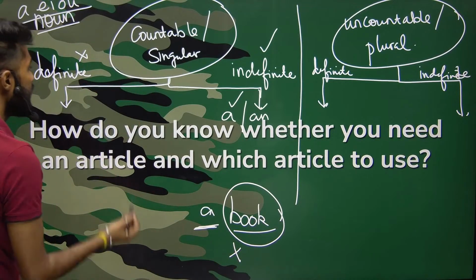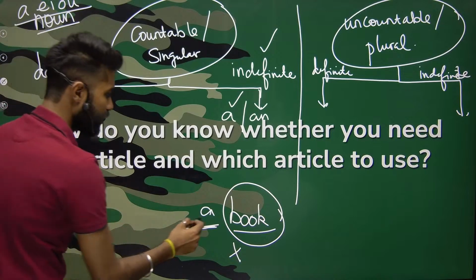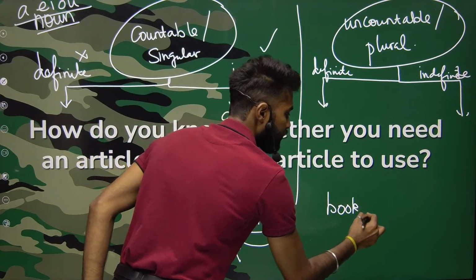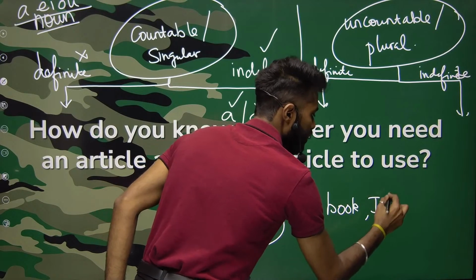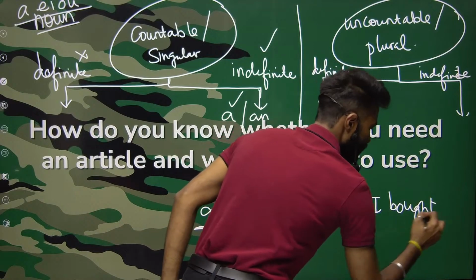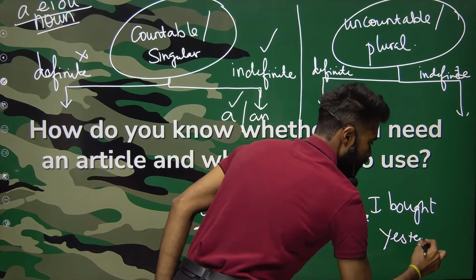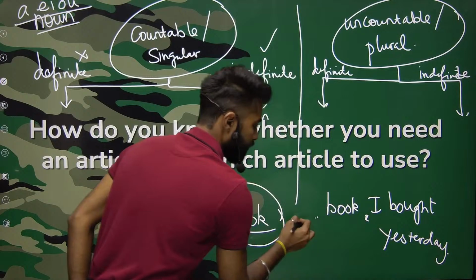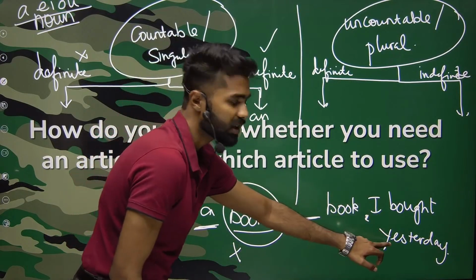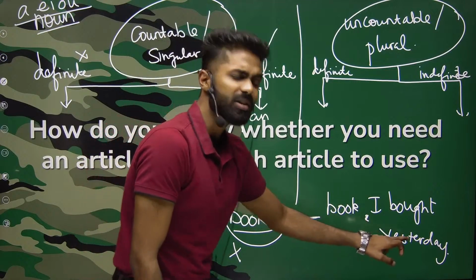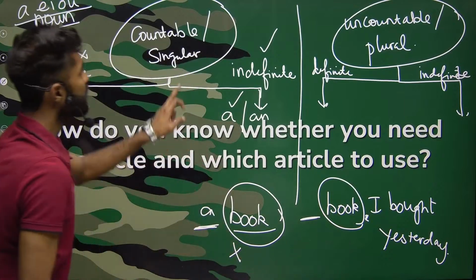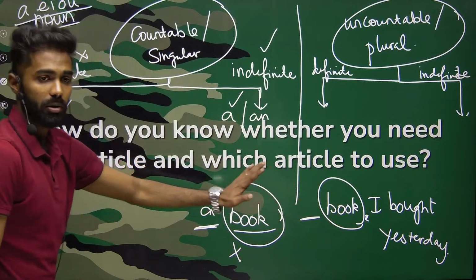All right, so sir, what in case of the book I bought yesterday? Here, the book I bought yesterday. Now I have a particular detail about this book. Why? Because I bought this book yesterday, right? So again, this is my book, countable, singular.